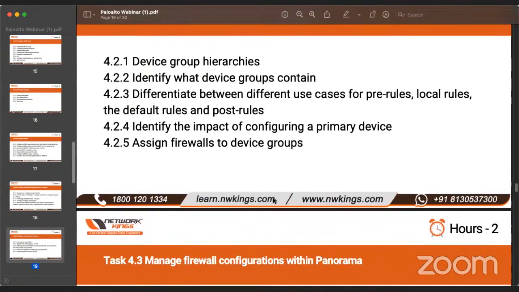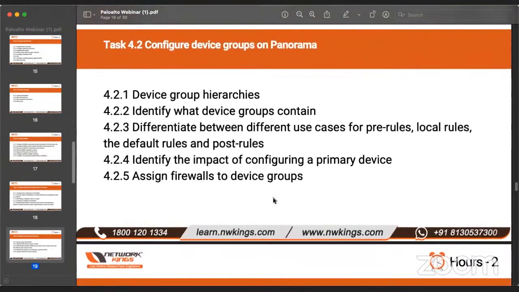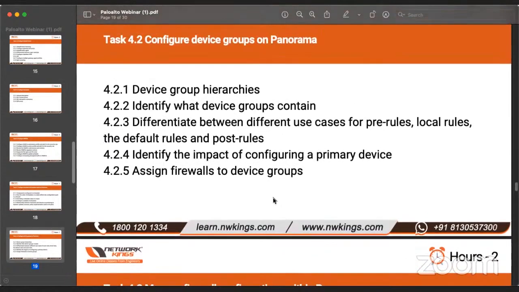So Panorama is the most commonly confused product, or people are a little afraid of Panorama. Why? Because, right, not every company owns it, but there are openings for Palo Alto guys who know Panorama. Why? Because since people are adopting Palo Alto more and buying more firewalls, it is difficult to manage firewalls individually.